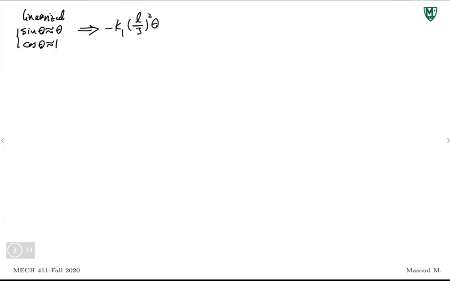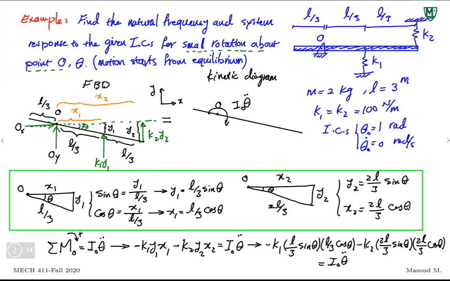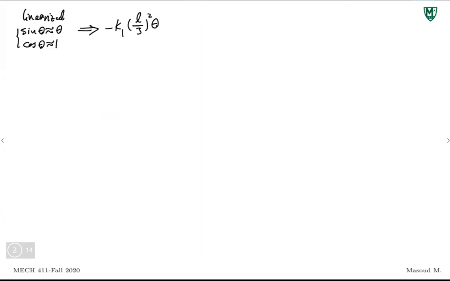This comes from the first term. The second term, 2L over 3, sine theta is replaced with theta, cosine theta is replaced with 1, so it becomes minus K2, 2L over 3 squared times theta.